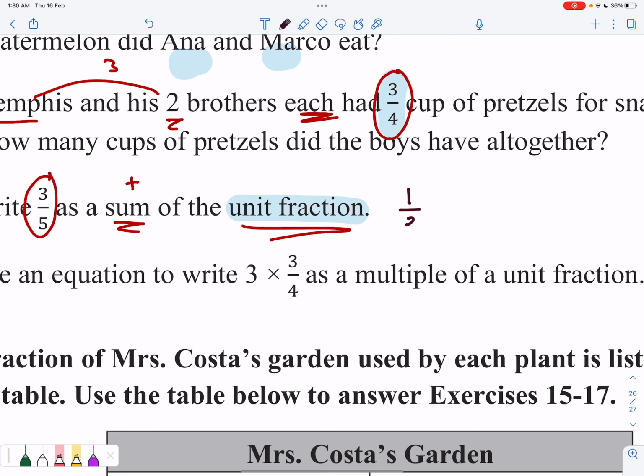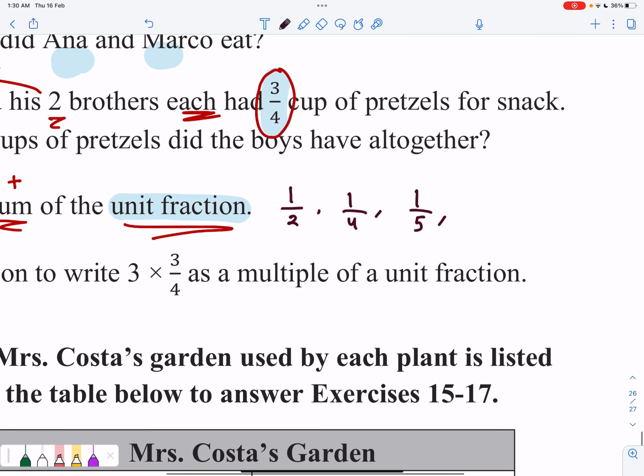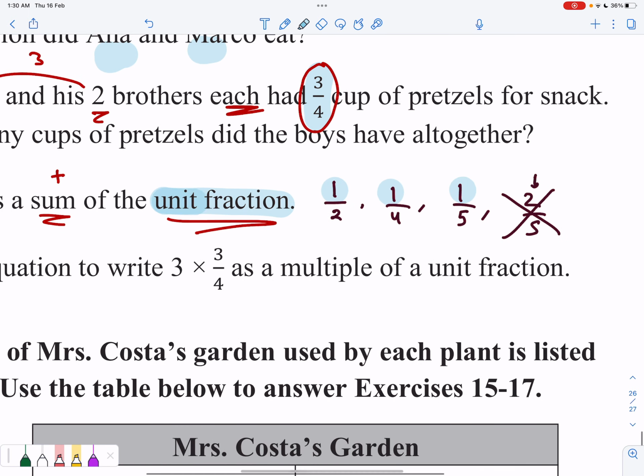For example, 1/2 is a unit fraction. 1/4 is a unit fraction. 1/5 is a unit fraction. 2/5 is not a unit fraction because you have 2 at the top. But when you have the number 1 at the top, we call that a unit fraction.